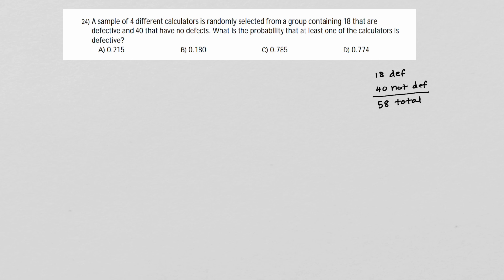Okay. I want to calculate the probability that at least one of the calculators is defective. So again, I look at the probability of at least one, and I say that's 1 minus the probability that none are defective.